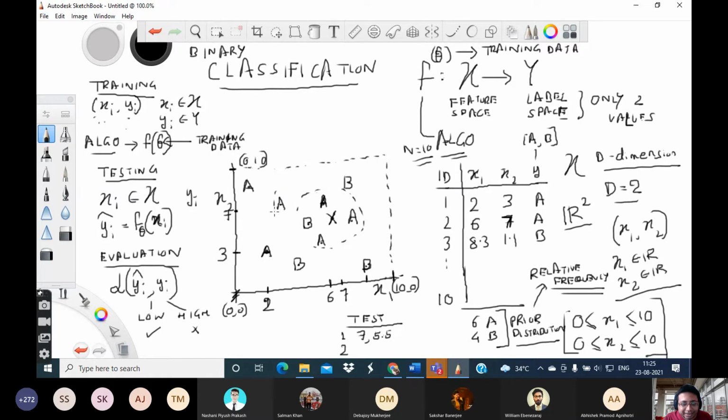Why not this circle? Because it is the minimum distance from that point. Minimum distance of what from that point? The minimum distance between that x and the other units, like A.